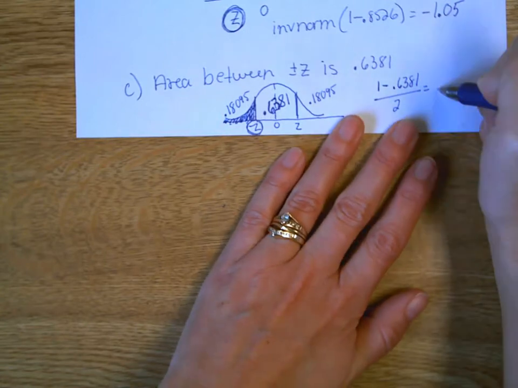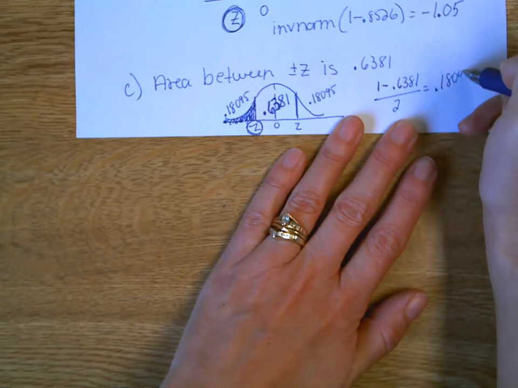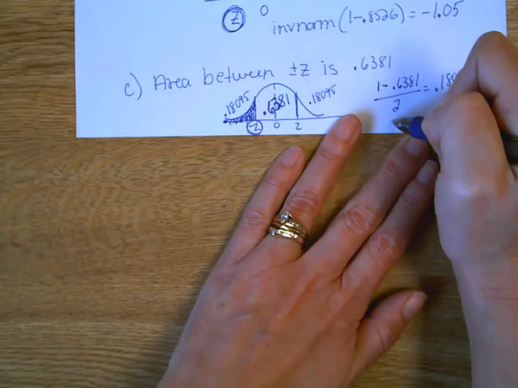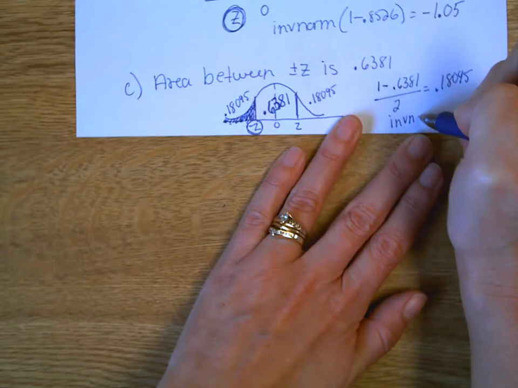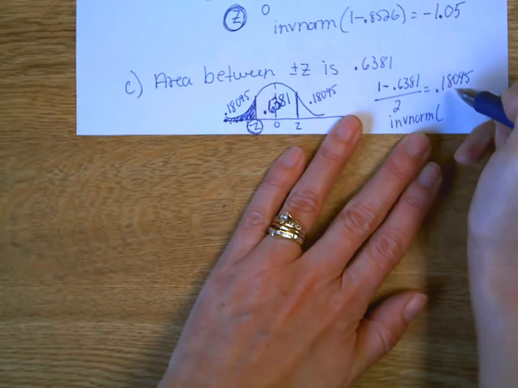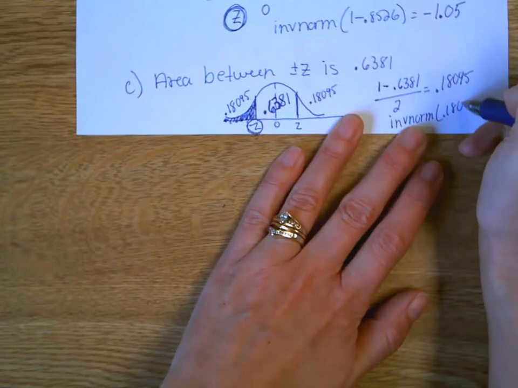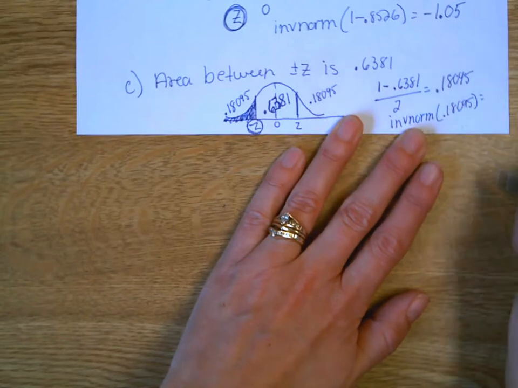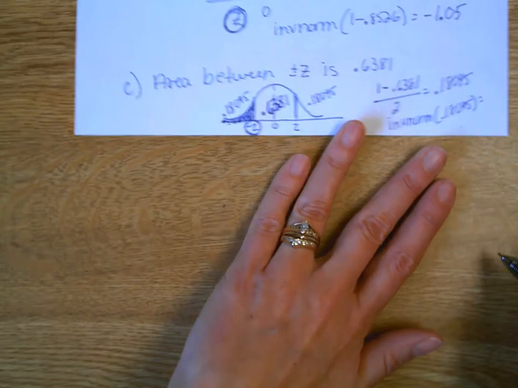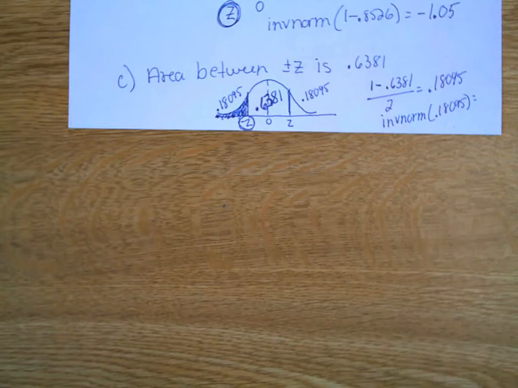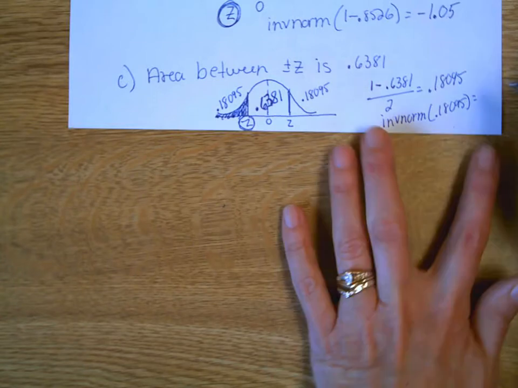Okay, and that gives me .18095. Now I'm going to do inv norm of that .18095. And I get a negative .91 z-score.